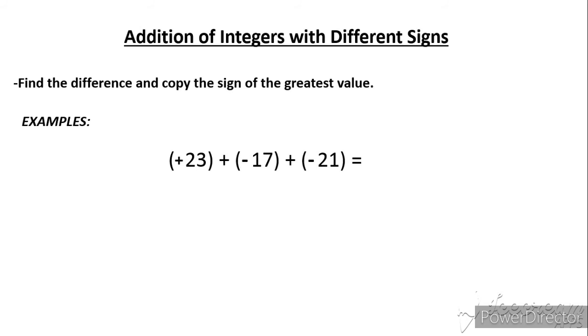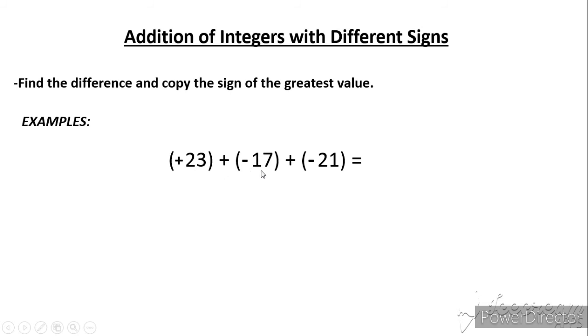positive 23 plus negative 17 plus negative 21. I have two solutions here. So I will subtract 23 and 17 because they are unlike sign.